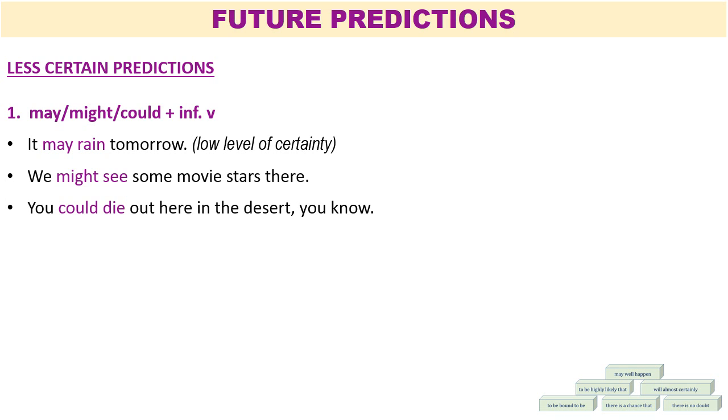So there is a low level of certainty about this prediction. Second, we might see some movie stars there. Again, a low level of certainty. And finally, you could die out here in the desert, you know. It's possible. There's a low level of certainty that this could happen.